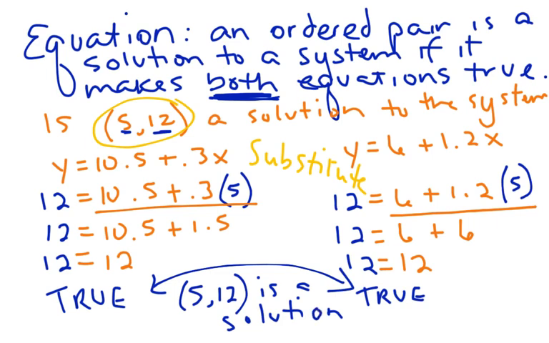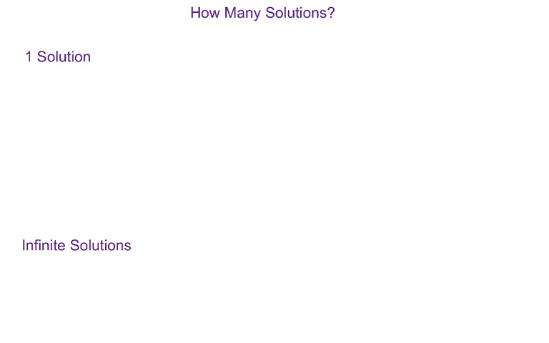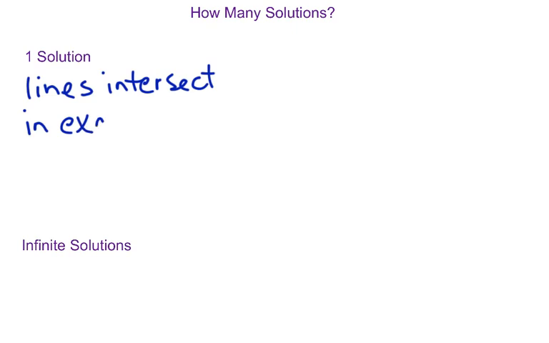Okay. Now let's take a look at how many solutions a system may have. Okay, your system is going to have one solution if the lines intersect in exactly one point.